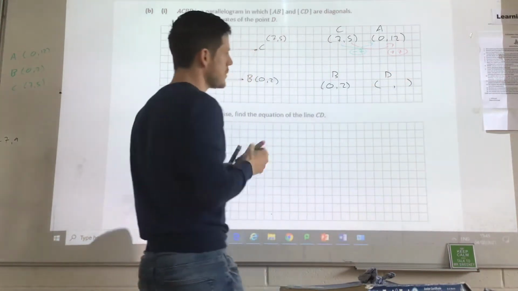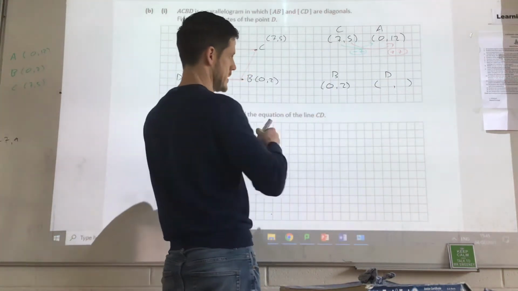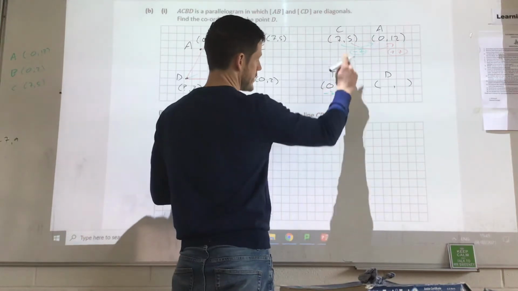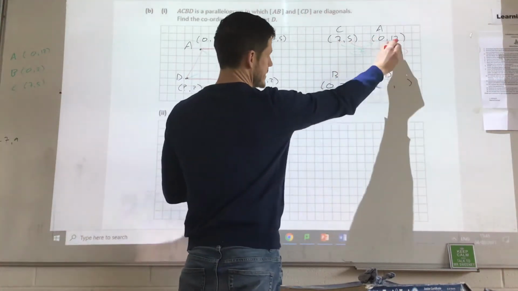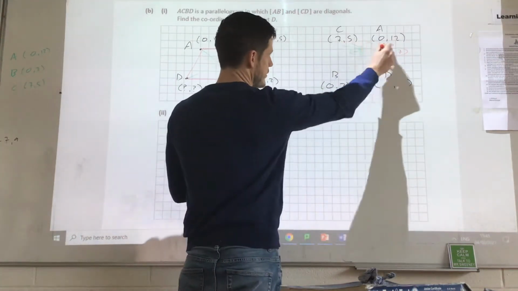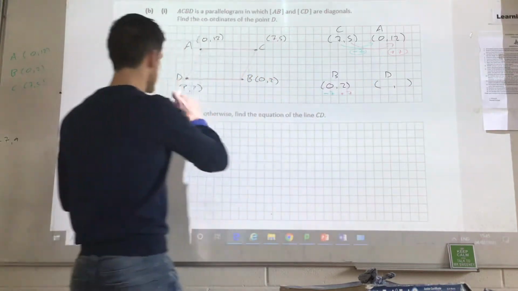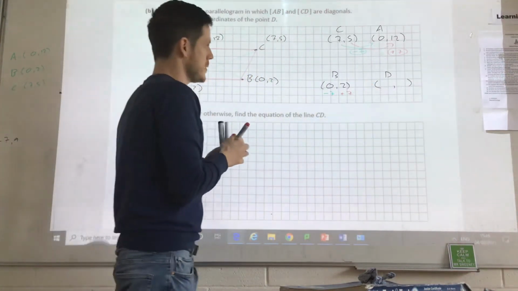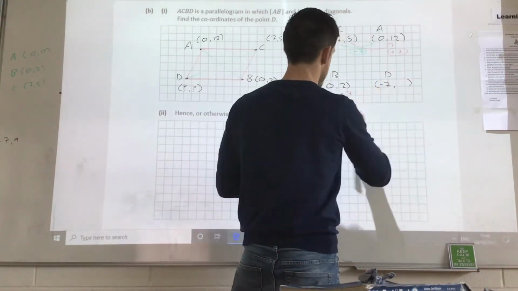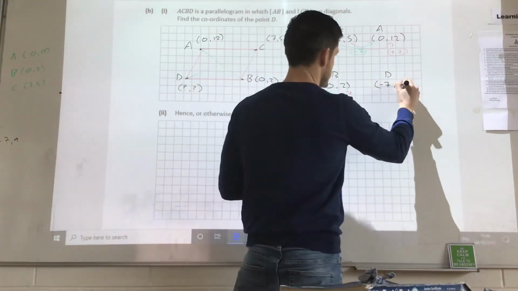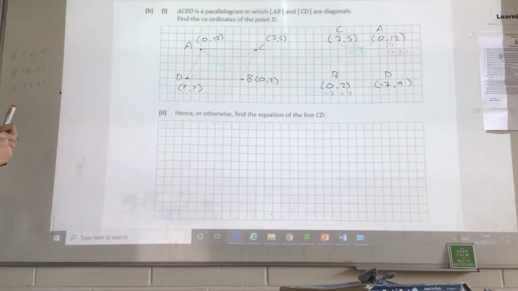So if I go -7 for my x coordinate, because that was the distance I went there, and I go +7, because that was the distance I went from 5 to 12 there, here I can actually work out my point D. So 0 minus 7 gives me -7, and 2 plus 7 gives me 9. So point D is -7 and 9.